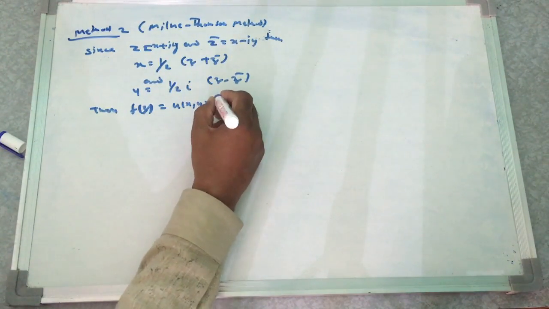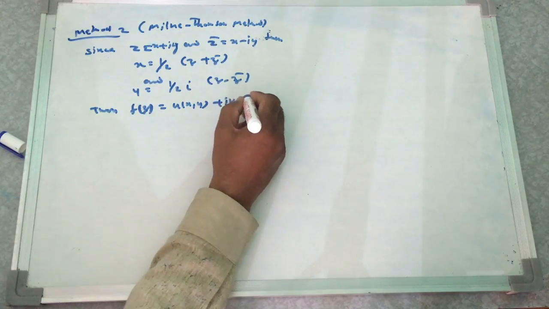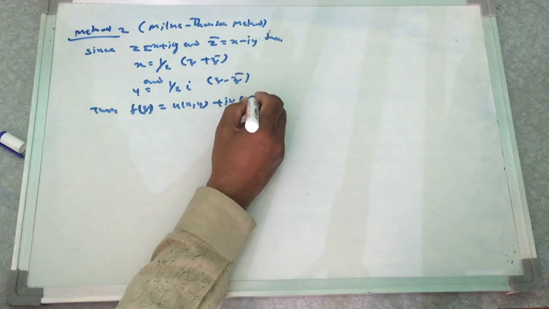Then f of z is equal to u of x,y plus i v of x,y.